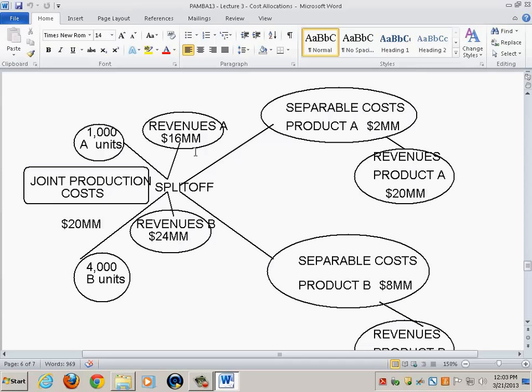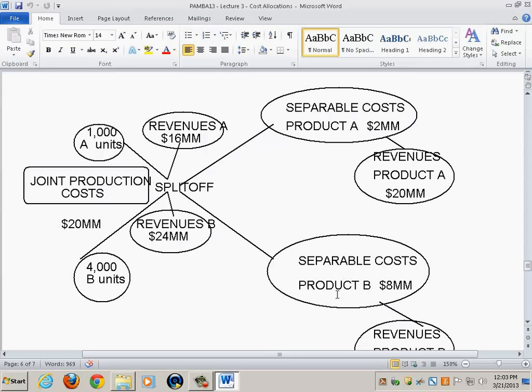So usually the joint products have two phases. One phase is joint production, like the refinery, where the first stage is refining all the grades, and at some point the different grades are split, and then there is a further process which each grade is treated separately.